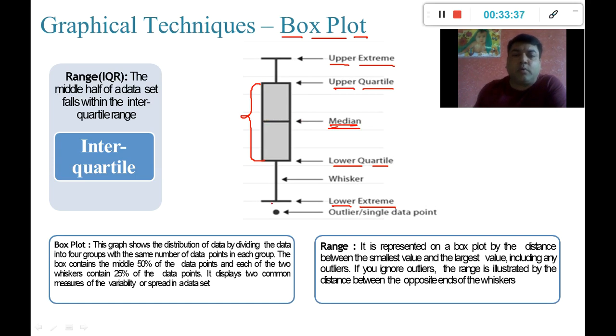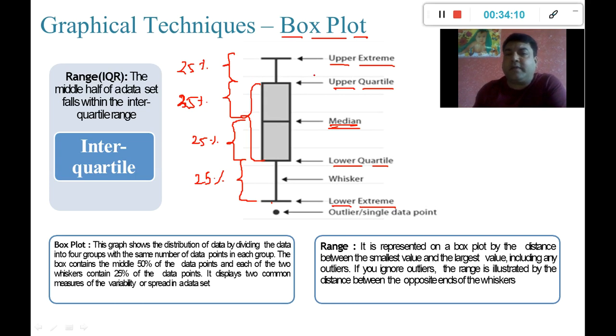Normally, from the lower extreme to the lower quartile, you will have 25% of the data points, from the lower quartile to the median another 25%, from the median to the upper quartile another 25%, and from the upper quartile to the upper extreme another 25% of the data. Which means that between the upper quartile and the lower quartile, we will always have 50% of the data lying.